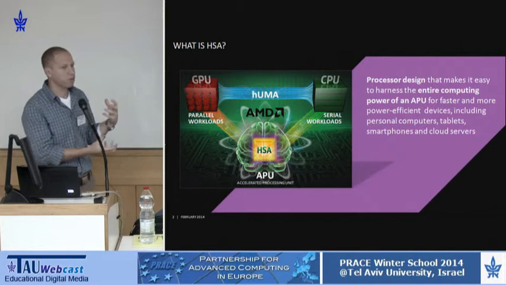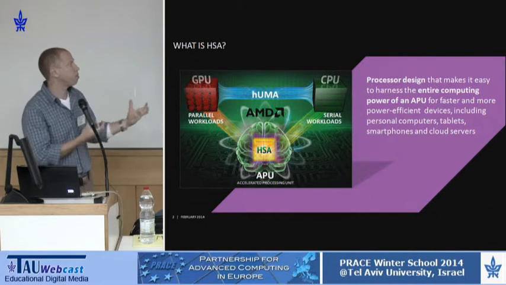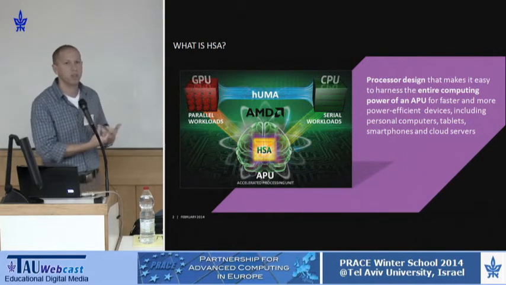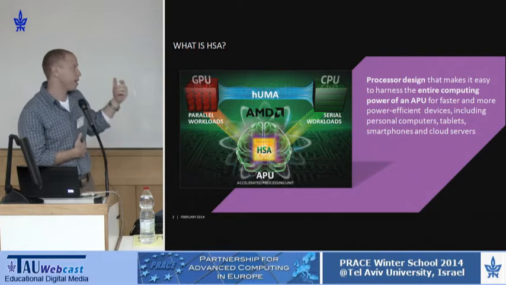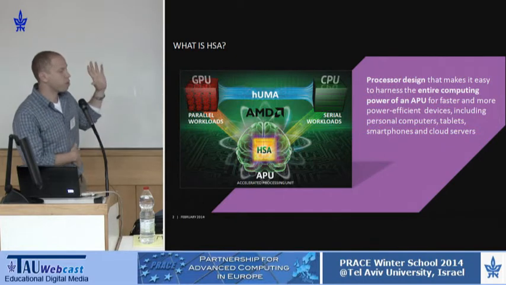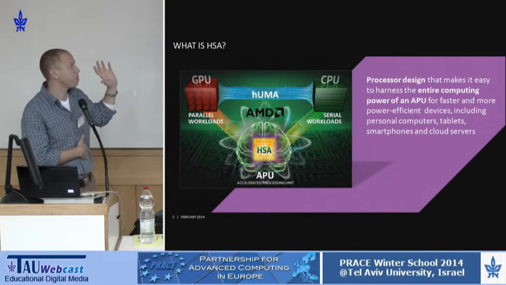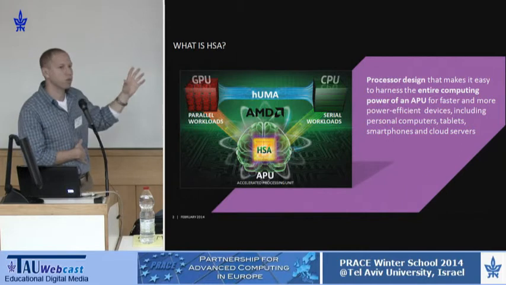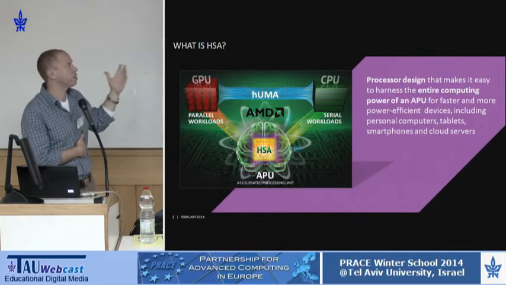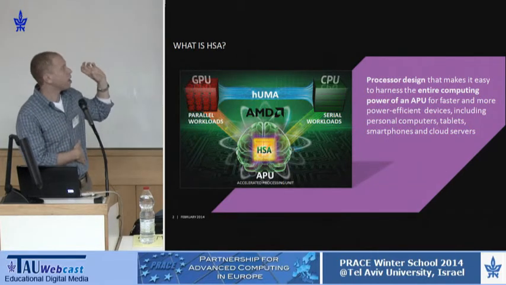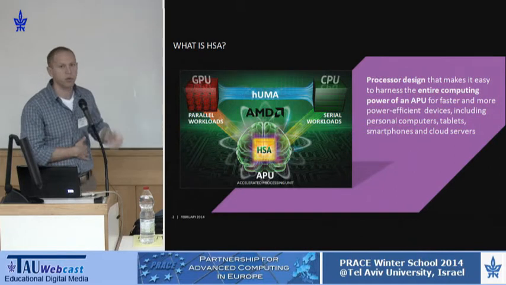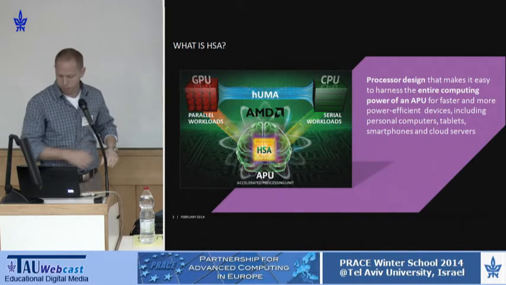We'd like to take the best of both processors and make them work together, and finally make the programmer more in control of what's happening, and make this entire task of incorporating the GPU into your program much easier.